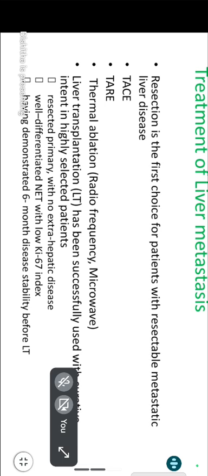Liver transplantation has also been successfully used, but in very highly selected patients: resected primary with no extrahepatic disease, well-differentiated NET with a low Ki67 index, basically meaning a good biology tumor, having demonstrated at least 6 months of disease stability before doing a liver transplantation. All these indicate basically it's a good biology tumor. So these are the patients who are selected for liver transplantation.